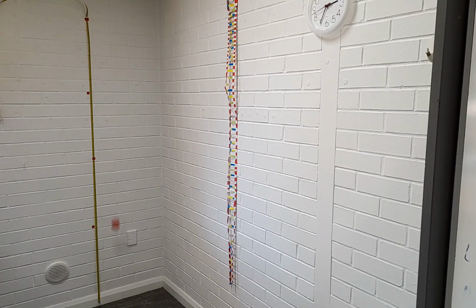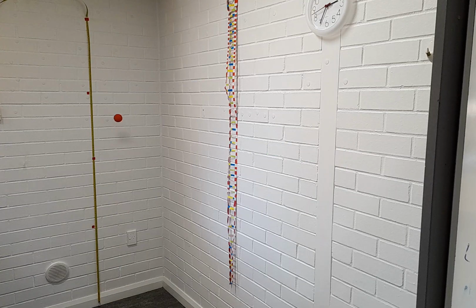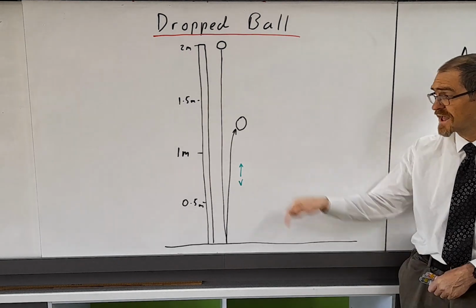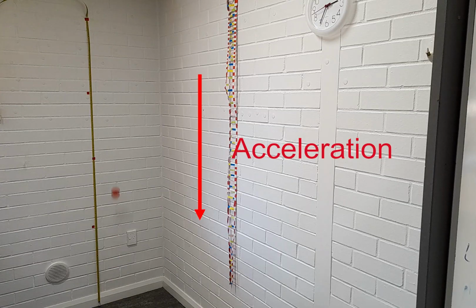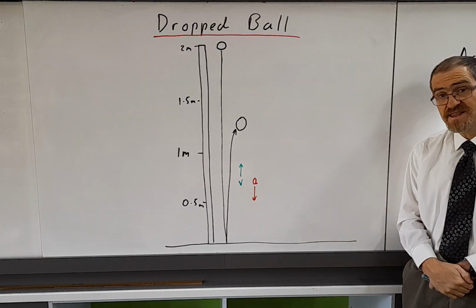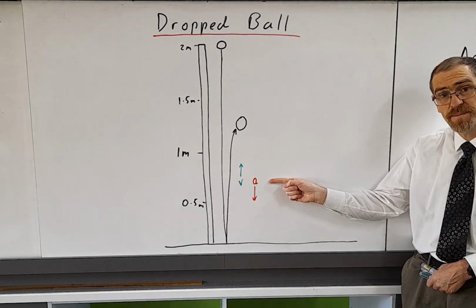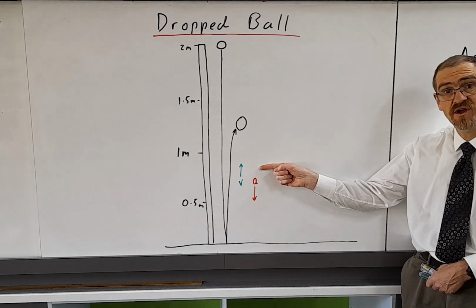When the ball hits the ground and bounces back up, its new velocity is up. Its new acceleration, though, is still down, because gravity is still pulling the ball down, so its acceleration is down. In this situation, as the ball rises, its acceleration is opposite in direction to the direction of the velocity.